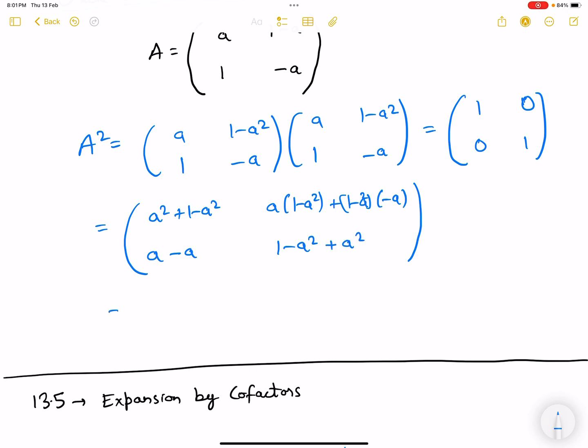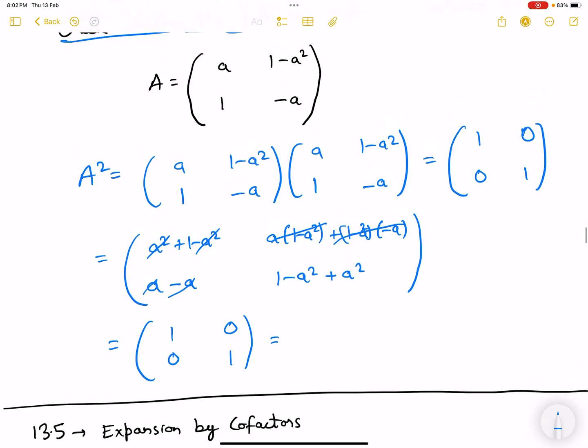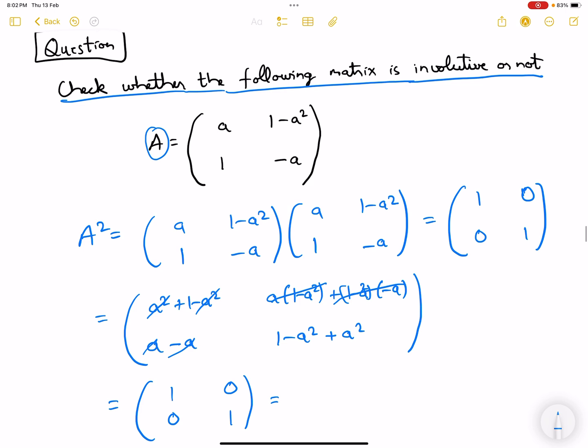So this would cancel out. This becomes 0, 1, 0. This whole term would cancel out, 0 and 1. So we are getting the identity matrix. So this A matrix is involutive.